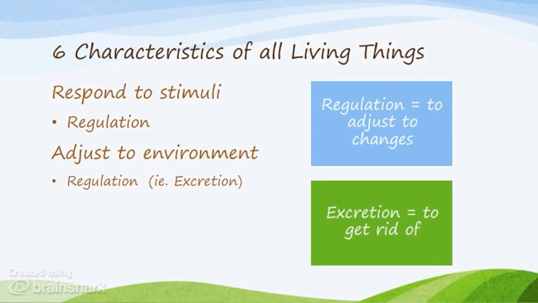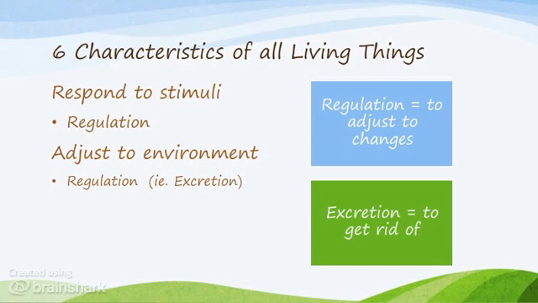The next characteristic of life is adjusting to the environment. This also corresponds to regulation, but you've already written regulation in your STRIRENGS spider. So after you have recorded adjust to the environment on your chart for the 6 characteristics of life, you want to record the life process excretion on the STRIRENGS spider.